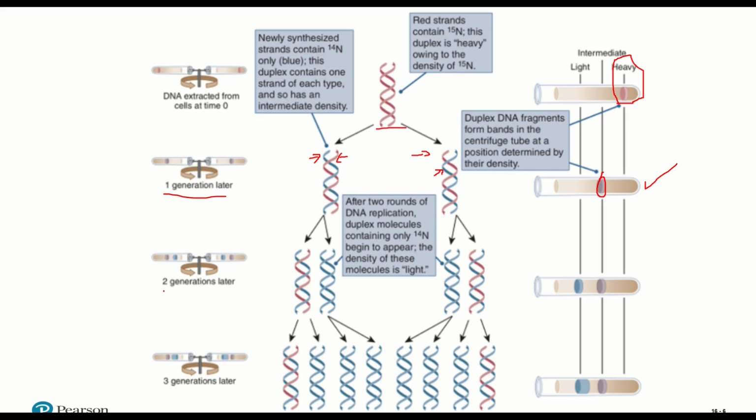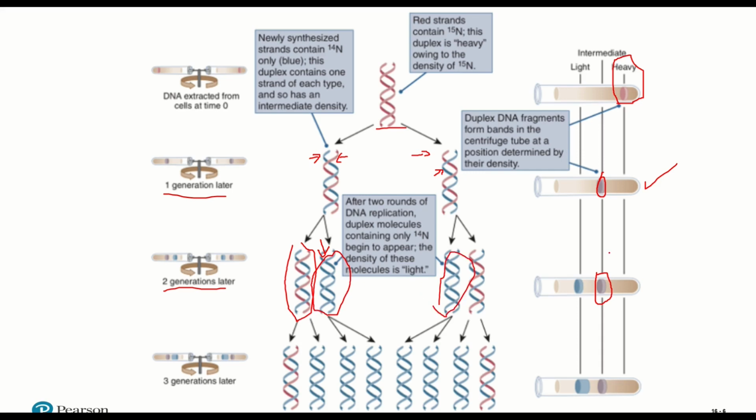Then if you check the second generation, you're going to have the old one that is red and a new one that is blue, and 2 new ones that are blue, and the same thing will happen here. So you're going to have a combination. And this is exactly what they found: one with an intermediate, but you also start finding blue ones that are lighter.